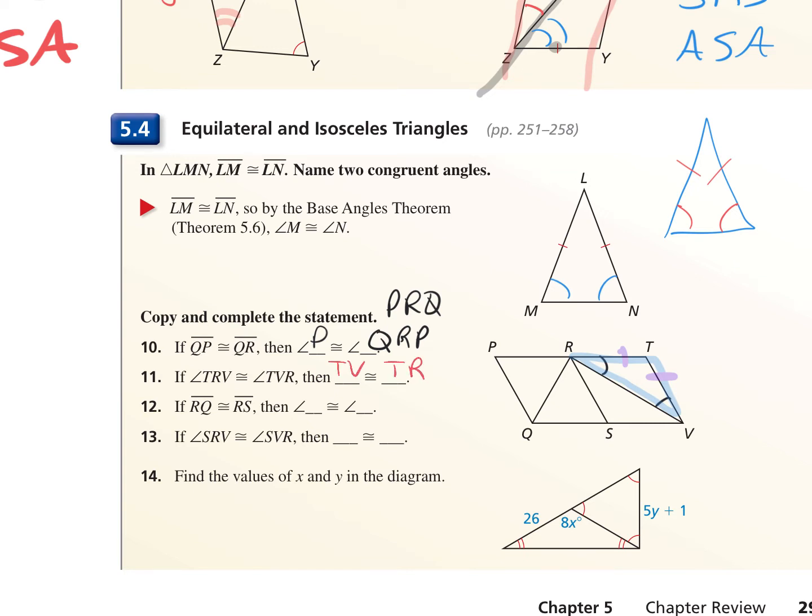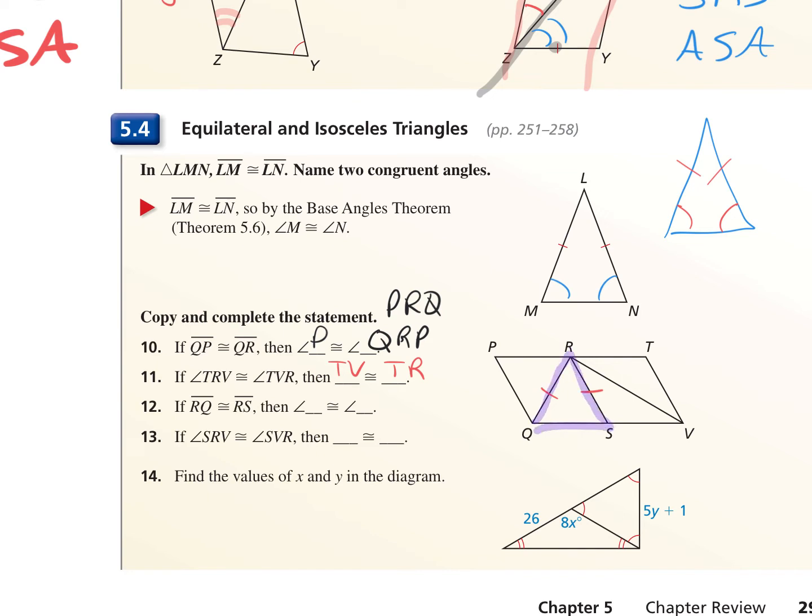And then the next one, again, I'm given some sides that are congruent. So for the next one, RQ, which is right here, and RS are congruent. And again, the triangle that contains those two sides are right here.